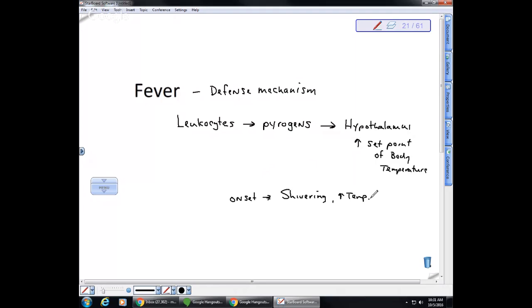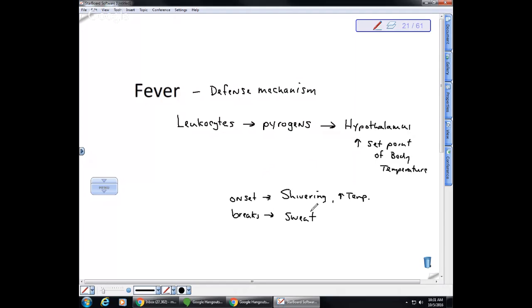Okay. And then when the fever breaks, what happens? You don't shiver, you sweat, right? You go from being really cold and under the covers shivering, and then all of a sudden you're kicking the covers off because you've broken into a full body sweat. That means your fever has broken.